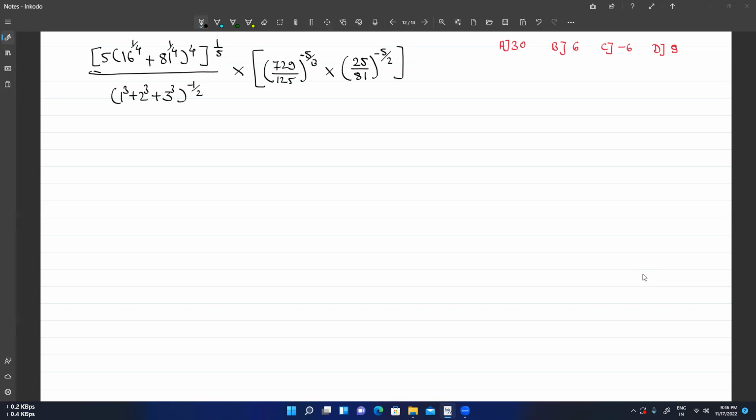So first, let's write this 5 as it is. So we have 5, again in bracket some changes we can make.